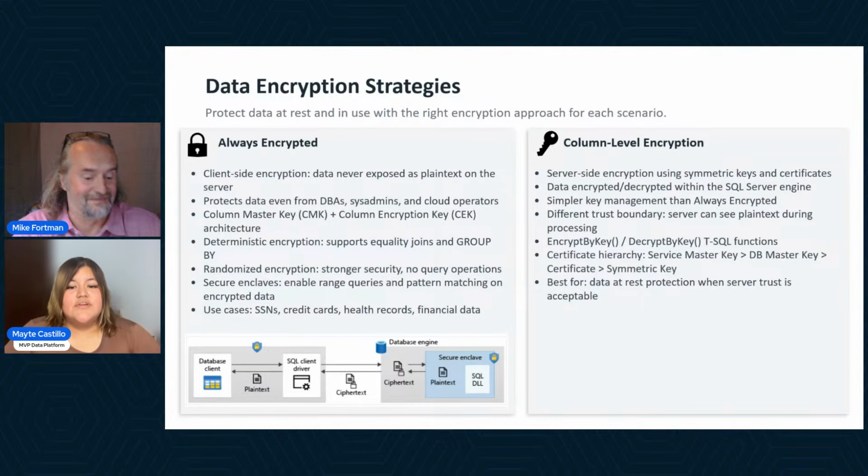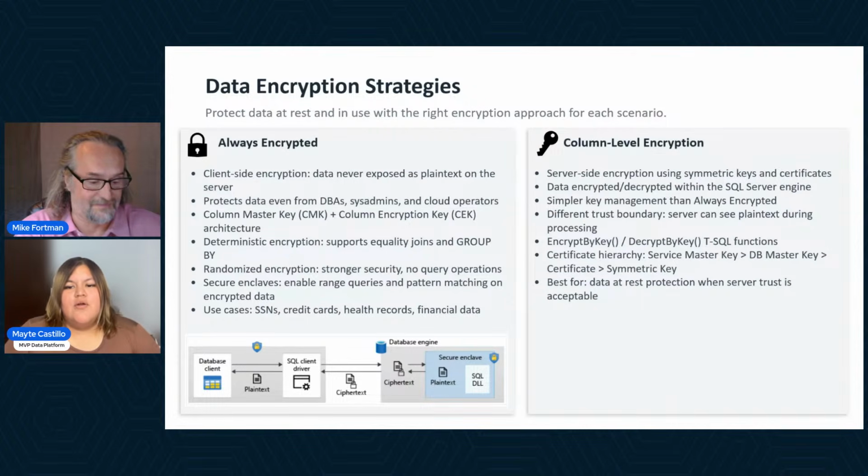Always Encrypted uses a column master key, which protects the column encryption key, which encrypts the actual column values. With deterministic encryption, the same value produces the same encrypted result, allowing exact match searches, equality comparisons, grouping, and indexing.